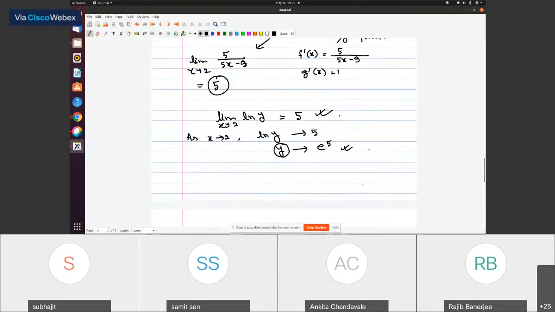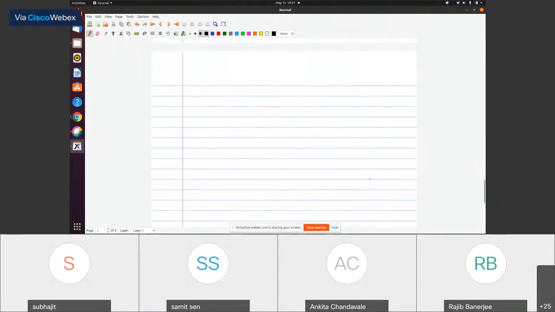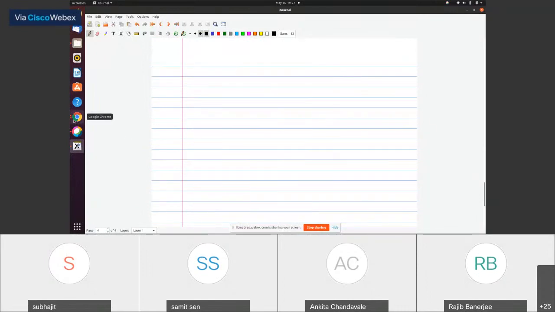For the L'Hopital rule, actually, the pronunciation is L'Hopital's rule, not L hospital rule. In this L'Hopital rule, first we try to find the derivative of numerator and denominator. Once we find this, then is it necessary to go for another differentiation, or if I am able to see some application of a standard limit, I can put that standard limit and find out the value.